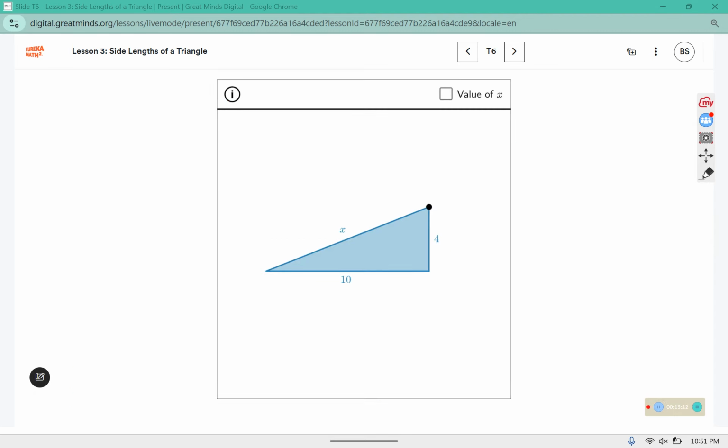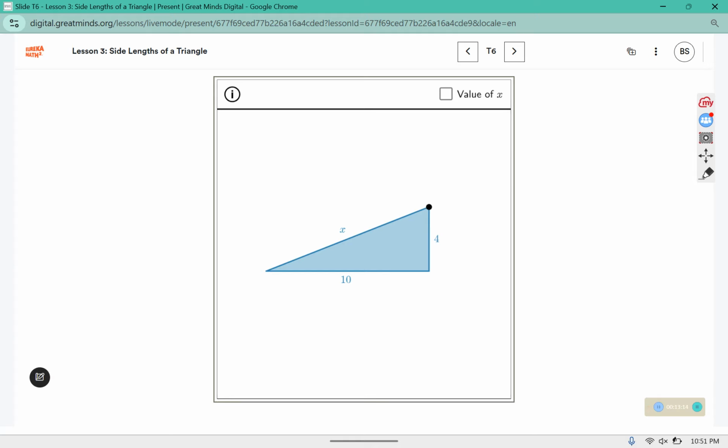Here I have two fixed lengths, 10 and 4. We're thinking about possible values for x. Remember that if the 10 and the 4 are the shortest sides, they need to add up to more than the longest side. But if one of these is the longest side, then x and the 4 need to add up to more than 10.